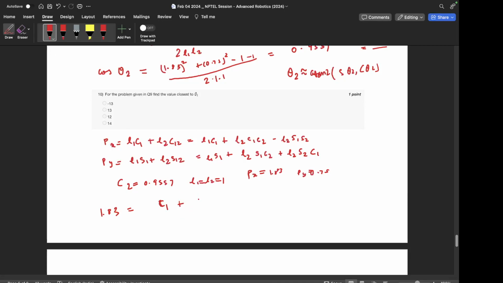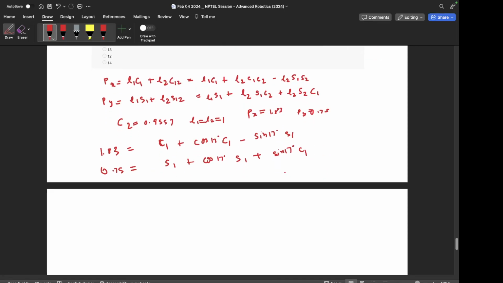So C1 plus cos 17 degree into C1 minus sine 17 degree into S1, and the second will be 0.75 is equal to S1 plus cos 17 degree S1 plus sine 17 degree C1, right?